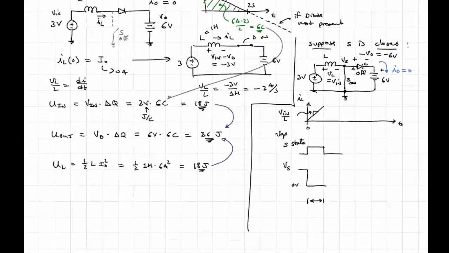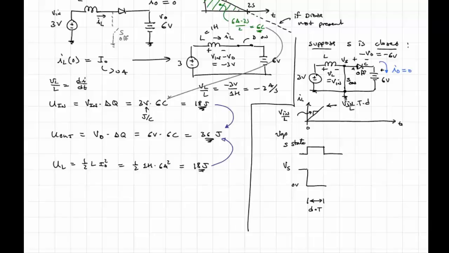So this period will be D times our period. And so the current at the end, at this point here, will be equal to Vin over L times the period times the duty cycle. If I leave the switch on twice as long, the current will climb to twice as high a value.